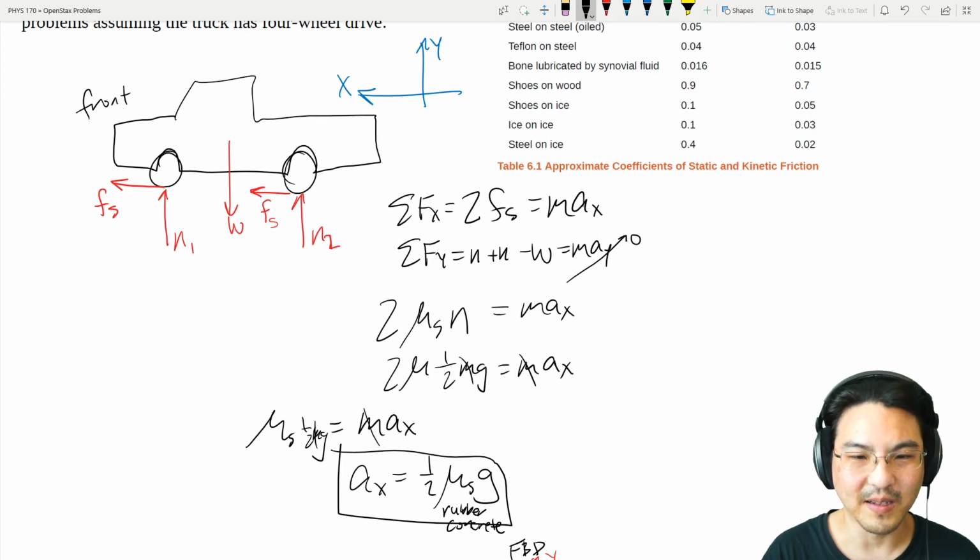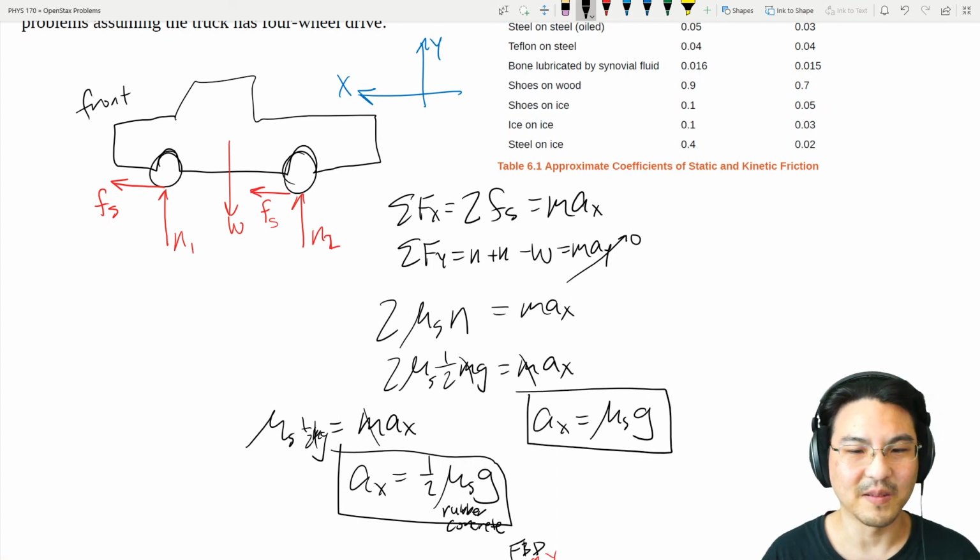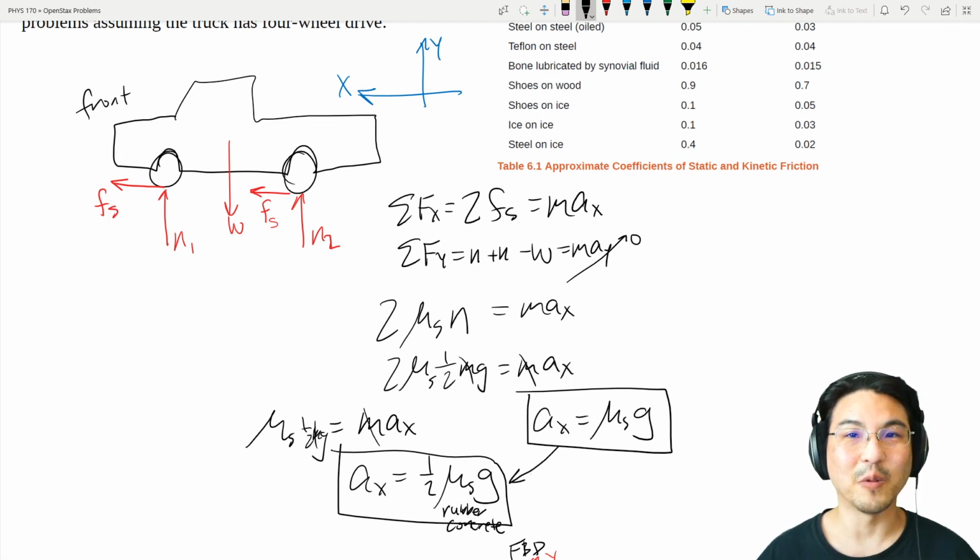And then cancel, cancel. So then AX equals, see the 2 and the 1/2 cancel, mu s times g. So it's just exactly double our first answer. So with 4-wheel drive now we have double the acceleration.